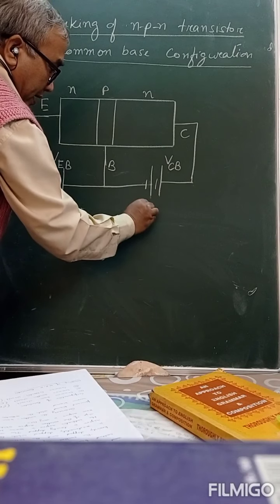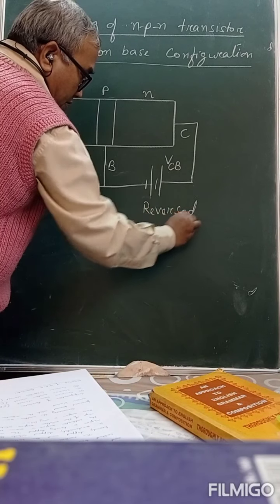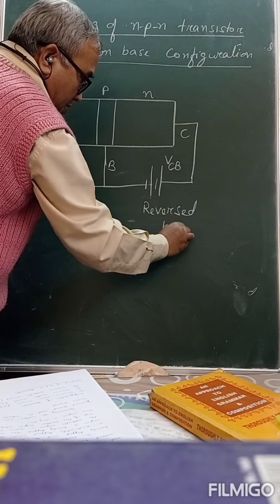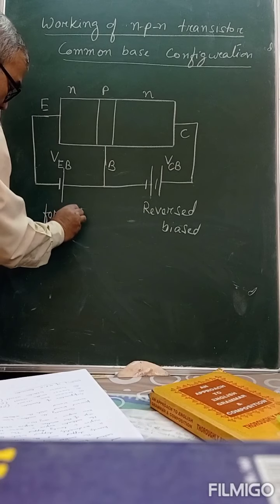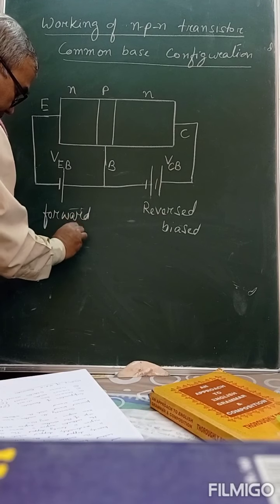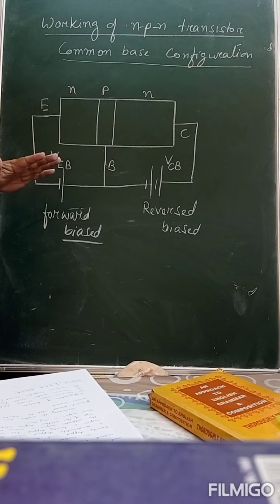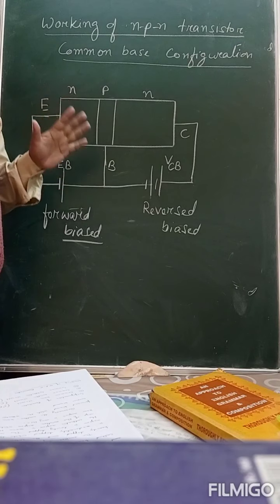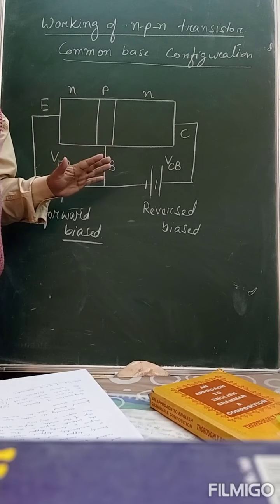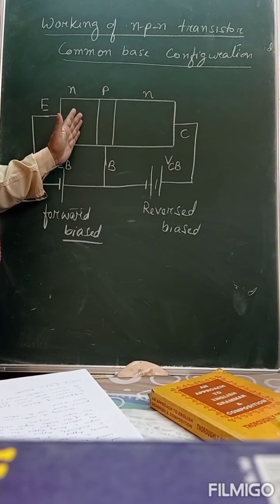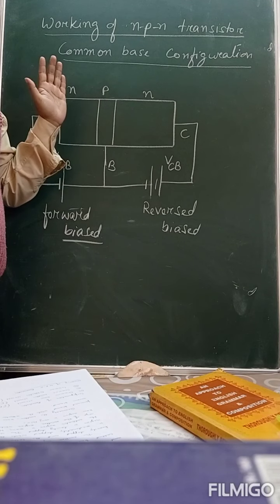This was reverse bias and this is forward bias. In any transistor, for proper functioning, the emitter base junction should be forward biased, then only the majority charge carriers move from emitter to base.